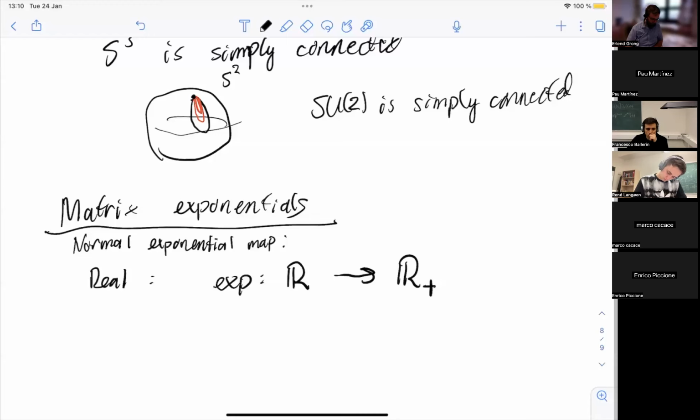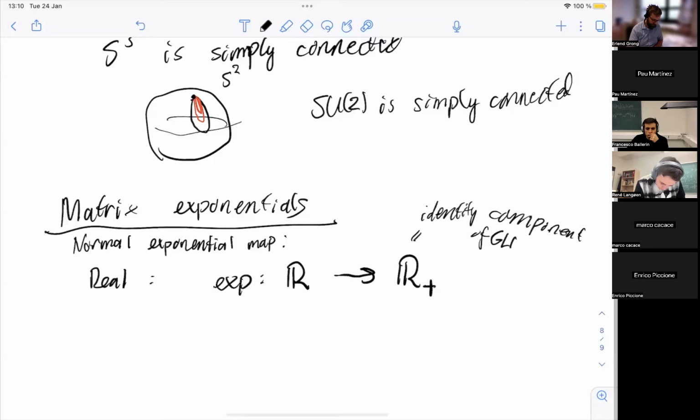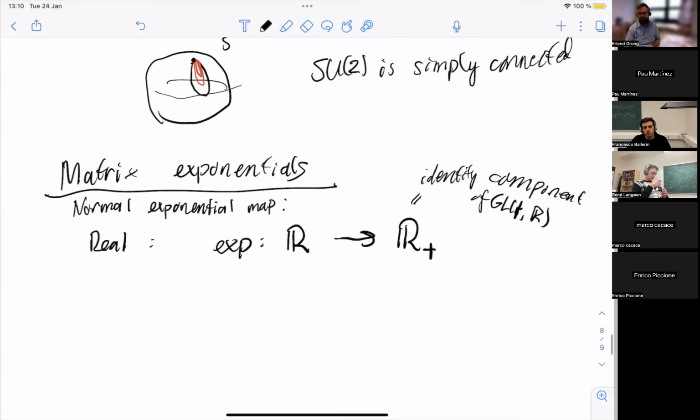So it will not hit all of the elements. Or you can call it the identity component of GL1R. There are two connected components, and this is the part that contains the identity. It's this one.